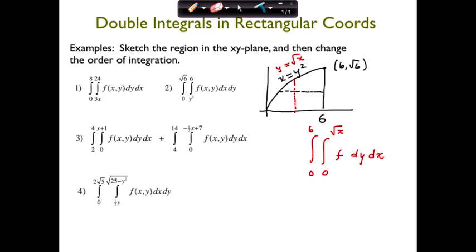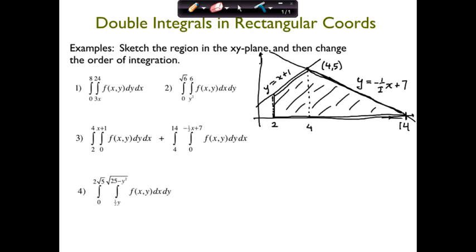It's not 2 separate problems, right? It's one region, and when you change the order, you might be able to write it as one integral. So you need all one region to do that. Make sure you get that region correct.